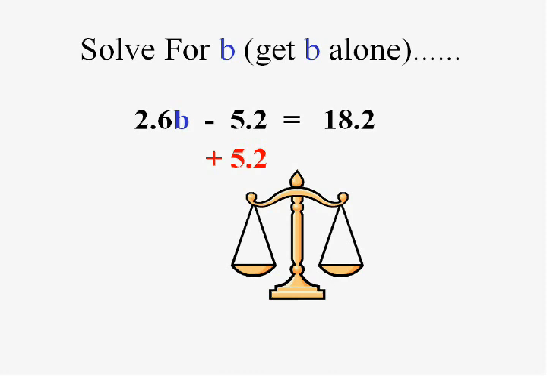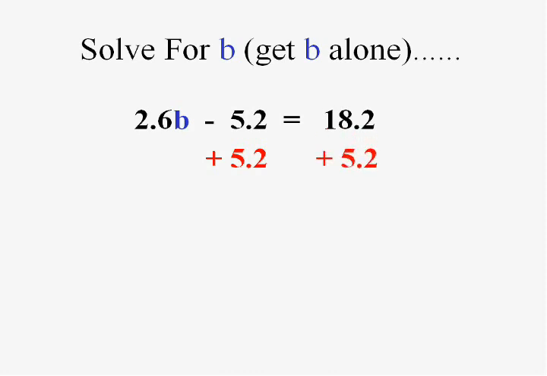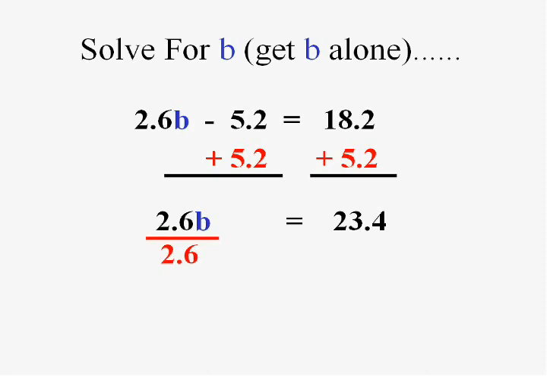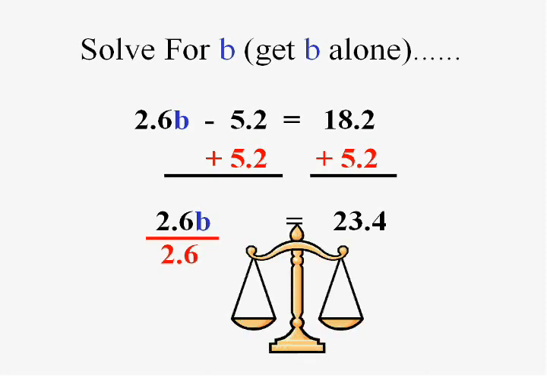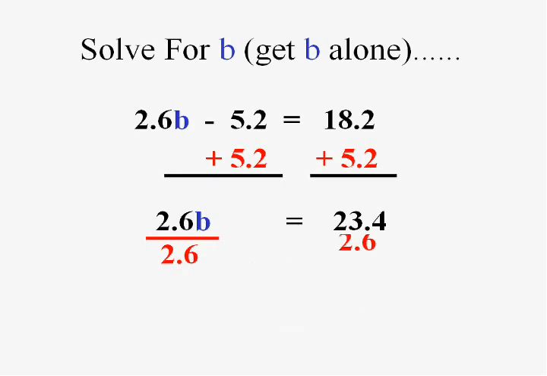Of course, I have to do it on both sides. I compute. The 5.2's go away, and I get 2.6b equals 23.4. Now, I got to get rid of that 2.6. He's multiplying, so I'll divide. Got to do it on both sides.